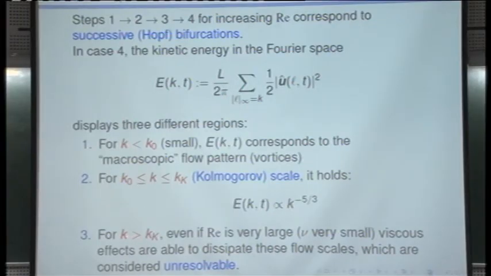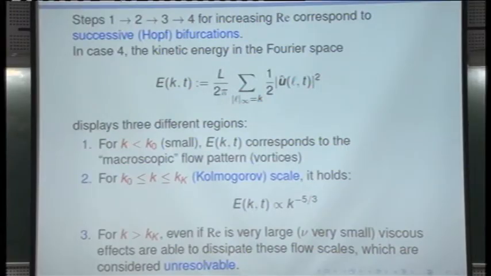However, when k is very, very, very large, it happens that diffusion, even if it is small, viscosity plays a role. Viscosity begins to dissipate the flow scale. So there is, let's say, friction. Because what does it mean, small wave numbers? You know that the wave number is proportional to the inverse of the length scale.